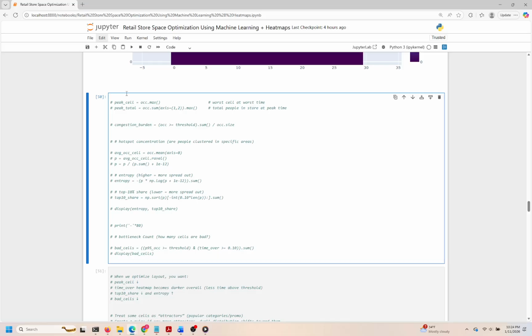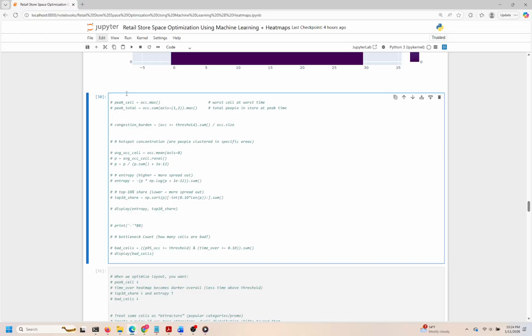Cell 10. In this cell, we delve into analyzing occupancy data to evaluate congestion and identify hotspots within a space, which is crucial for understanding how well a space is utilized and where improvements can be made.